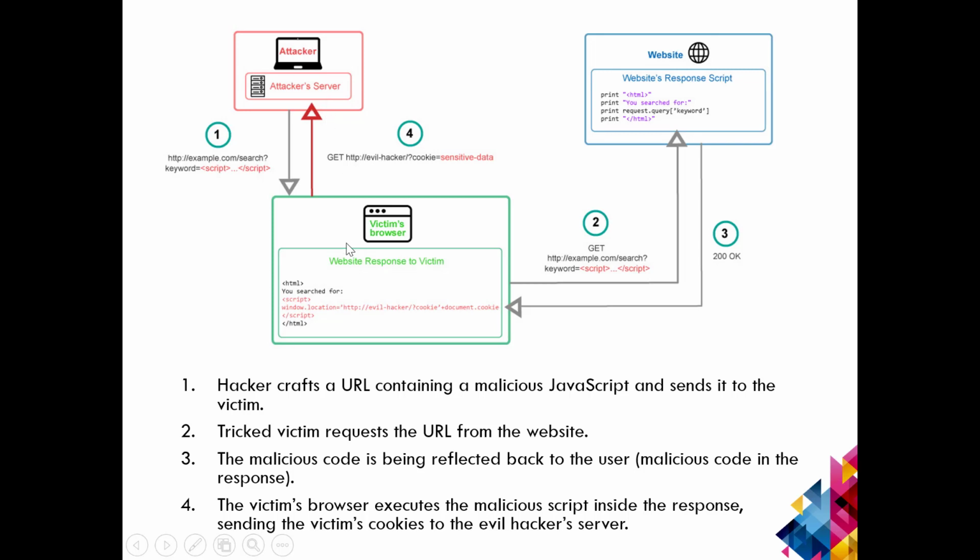It's sent directly to the victim, and then a tricked victim requests the URL from the website. It can be phishing or whatever mechanism the attackers use to lure you to a form so that you key in the information. In the third step, the malicious code is reflected back to the user in the response, and the victim's browser executes the malicious script inside the response and then sends the information to the attacker.